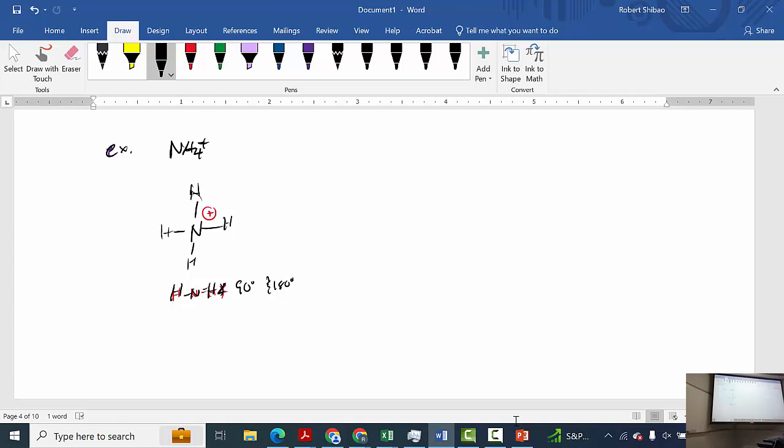Well, it depends on which H's I'm looking at. 90 and 180. If I look at these two H's, that's 90. If I look at these two H's, that's 180. Is that correct? That's wrong.